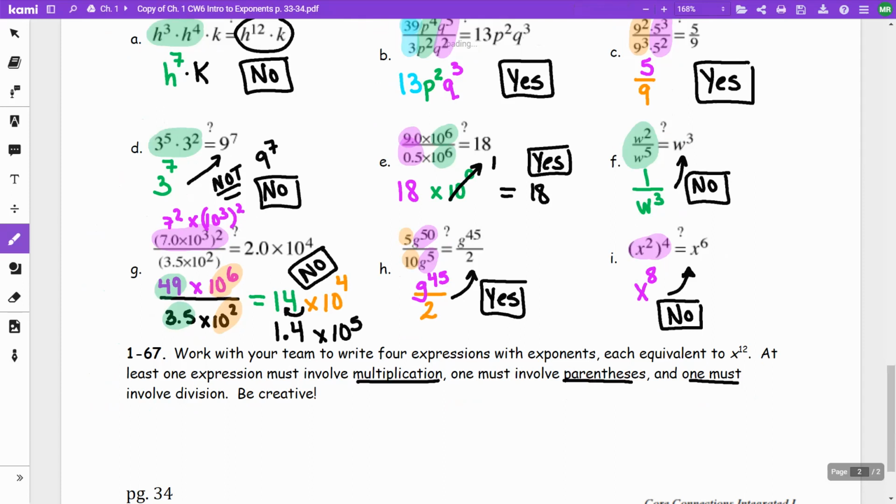So basically you want to have where you have x to some power, for example, times x to some power equals x to the 12th, and you want to figure out what you could put in there. You also want to have something where you have x to a power over x to a power, and that ends up giving you x to the 12th.